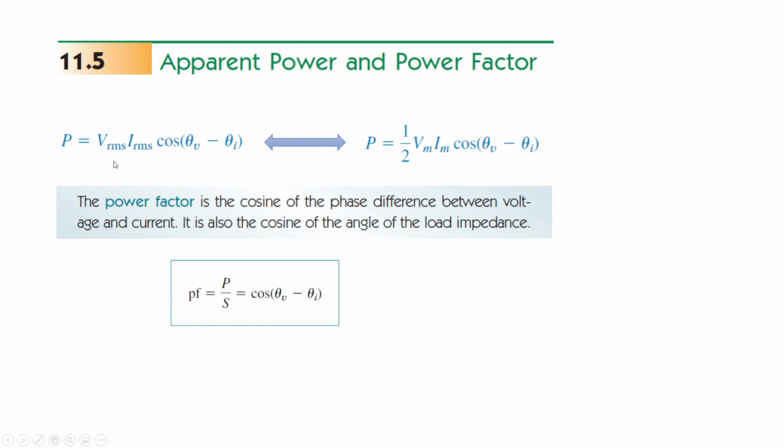Basically, when you divide this P by apparent power, this part will be cancelled and you will be left with this part, and that is power factor.